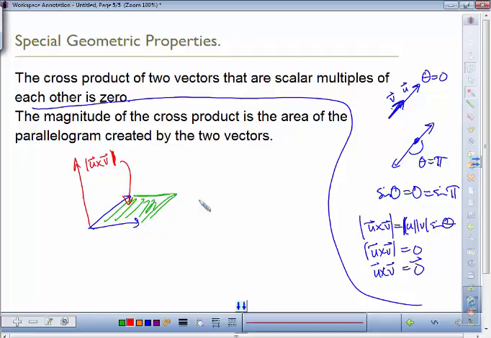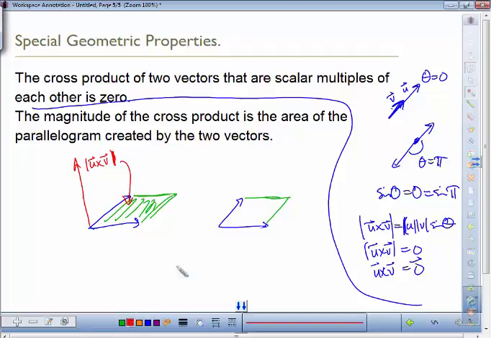Now, why is that true? Well, if you really want to know, look at the parallelogram on a two-dimensional plane. If you just imagine looking at it from the top, let's find the area of the parallelogram. Area is base times height, right? And if it's a parallelogram that's been skewed a little bit, you still have to find the base times the height.